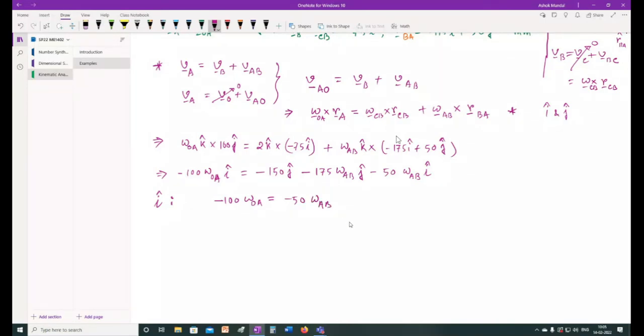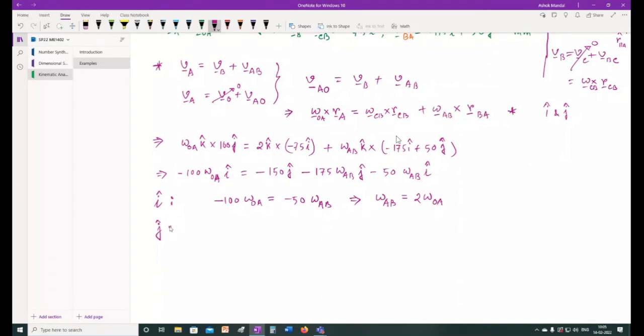So omega AB, which we want to find out, is equal to minus 6 by 7 times omega OA, right?